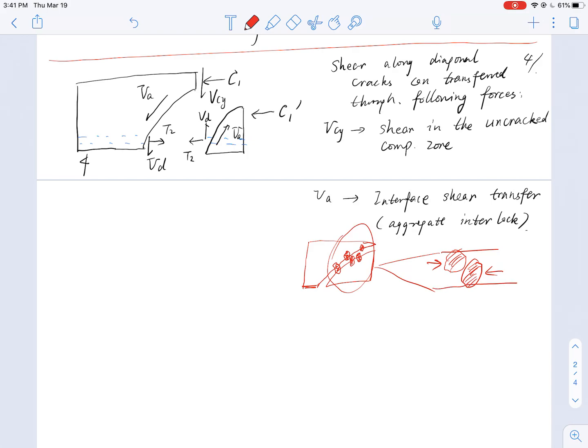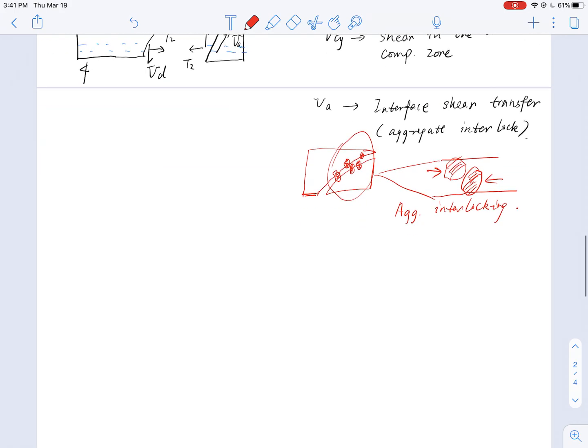And this is called aggregate interlocking. And that provides the shear transfer along a diagonal crack. And also I have shear force from dowel reaction, so dowel action of the longitudinal reinforcement.